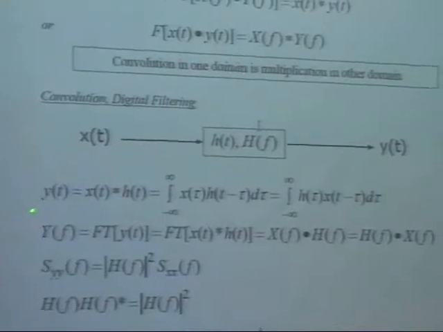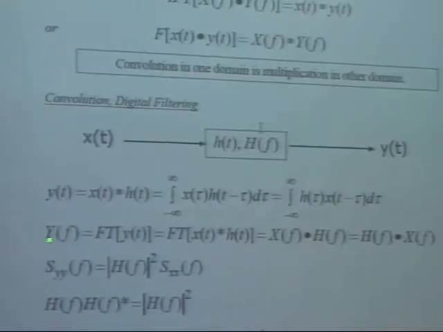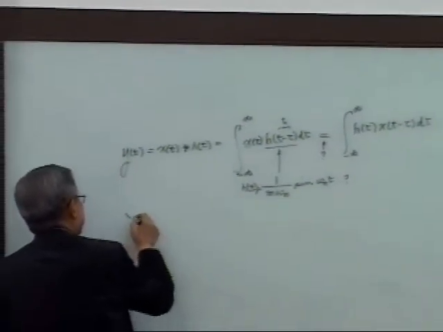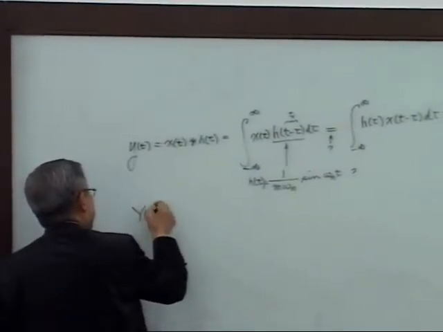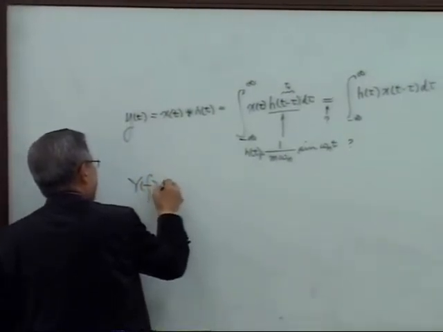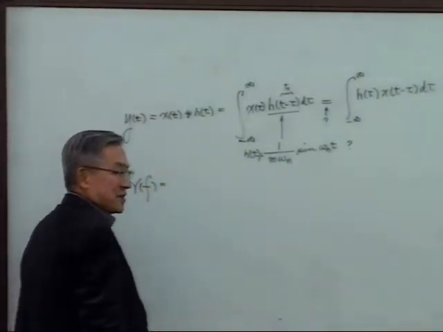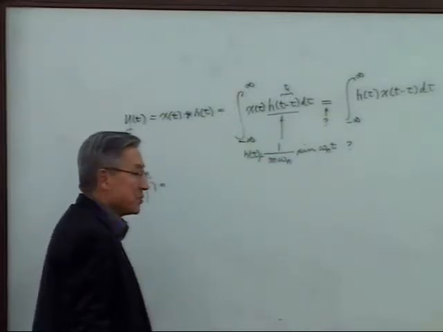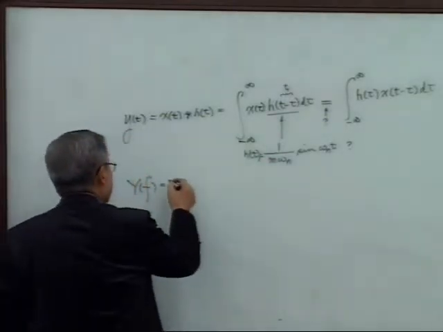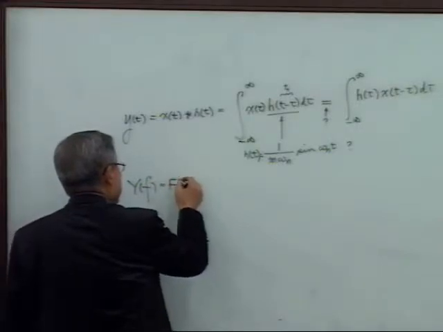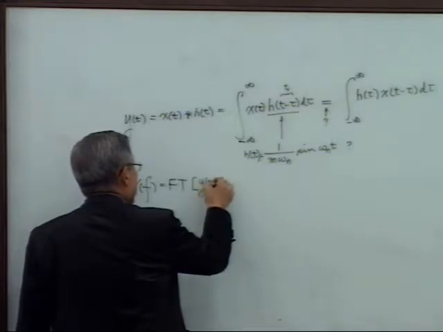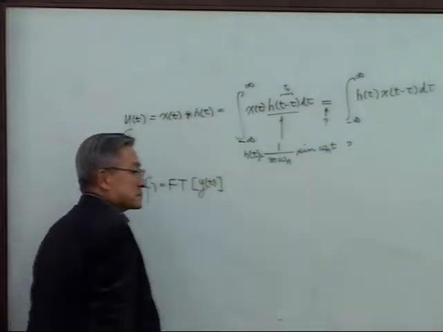This is a time domain, then this is a frequency domain. Sorry, but the capital Y, the output response in time domain, is equal to the Fourier transform of y of t.